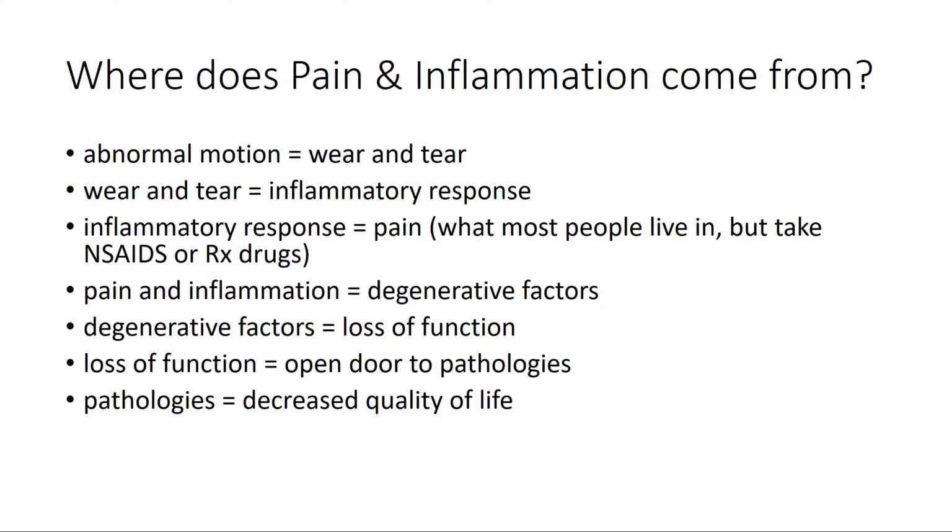Same idea in your knees, ankles, wrists, shoulders, wherever, any of these joints that are experiencing pain and inflammation, you're going to get degenerative factors and loss of function, which means you're not moving very well. It hurts to run now and walk and get out of a chair and pick up your kids and do whatever. It hurts. That loss of function leads to pathologies, and pathologies lead to decreased quality of life.